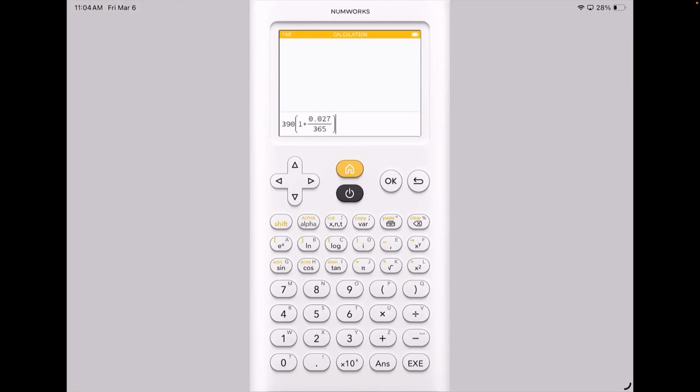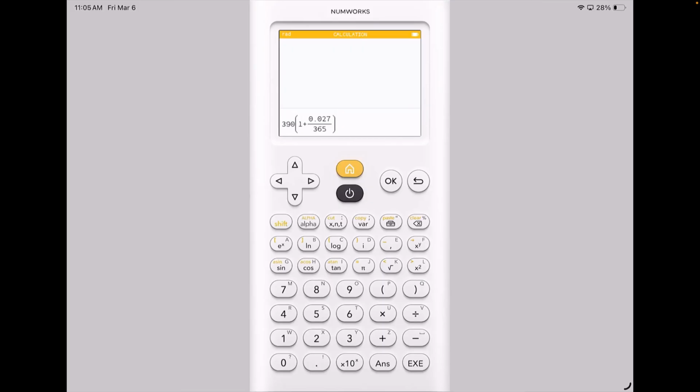Close parentheses. Now, the power is going to be two numbers being multiplied together. 365 times 18, right? So what I'm going to do is I'm going to go power. Power is the button right below clear, top right. It's got an F on it. That's the power button.